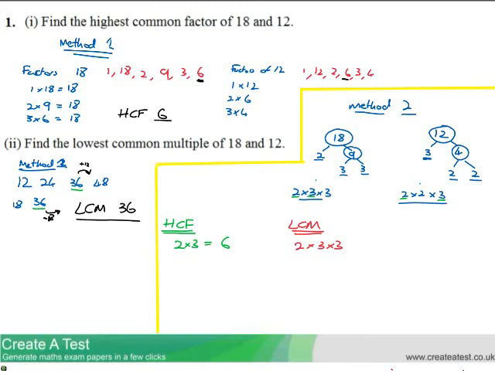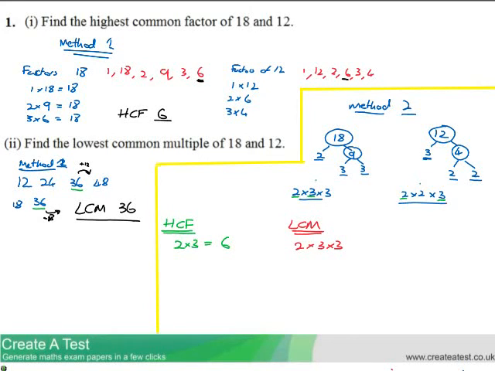Now I can times 2 times 3 times 3 by anything, and it will be a multiple of 18. If I times all this by 2, I get 36. 2 times 3 times 3 is 18, times 2 again is 36, and that is a multiple of 18.